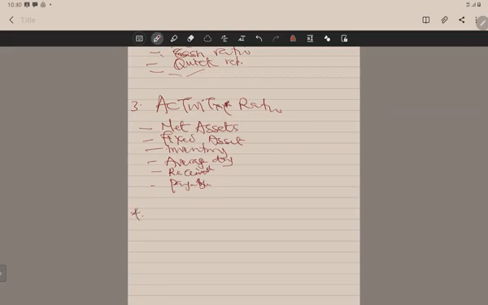Just go to the fourth one, which is solvency. I'm combining both short and long term now. For solvency, I have my debt to equity.